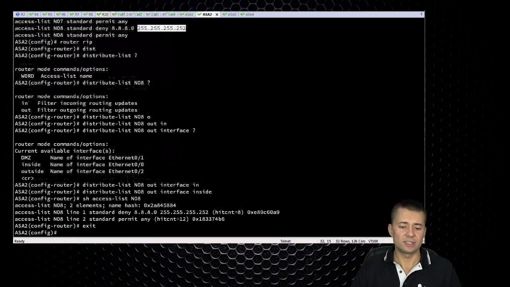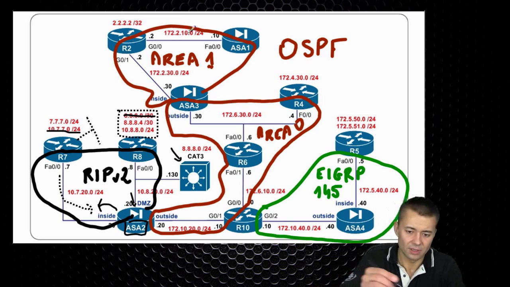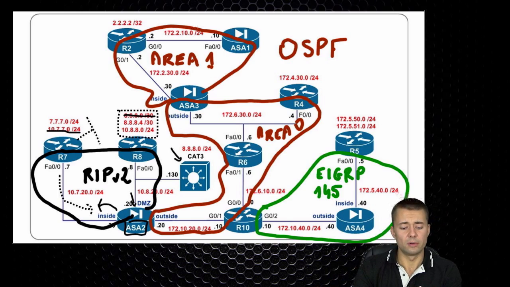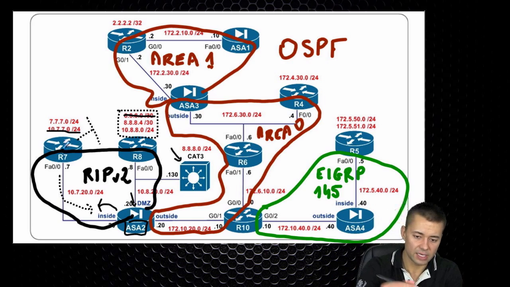What we could do instead, well, the easiest one would be to modify the network configuration. So one part of the network is going to be running RIP, like between 7 and the ASA. So we would have to modify our routing configuration.